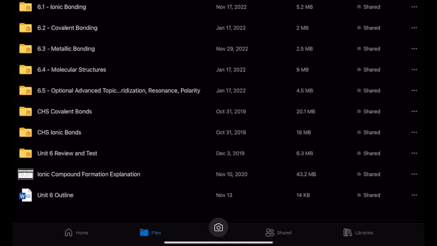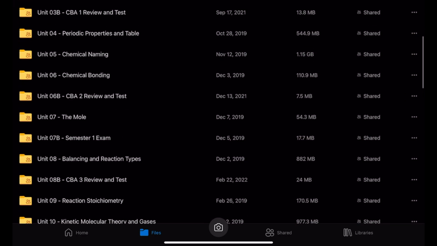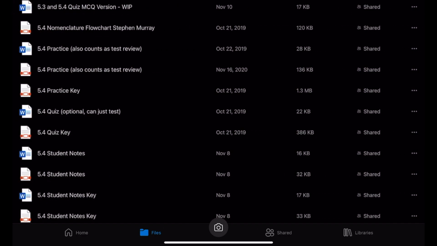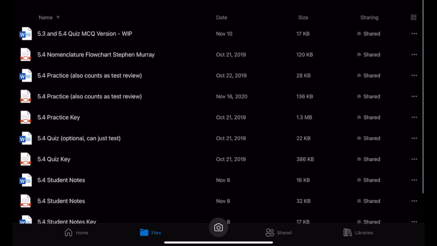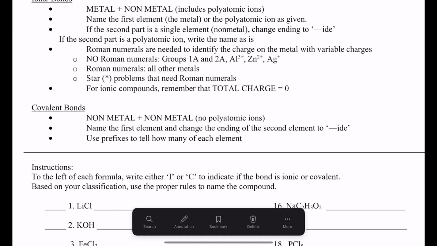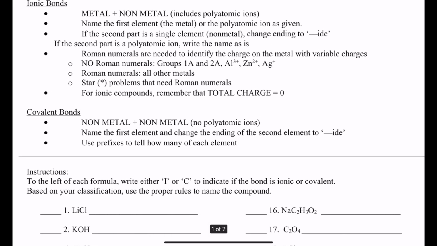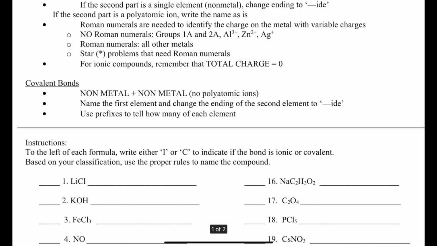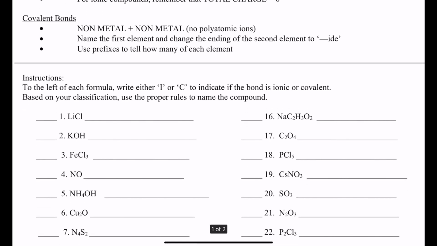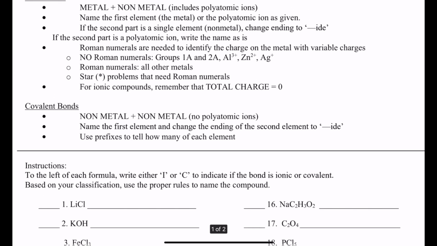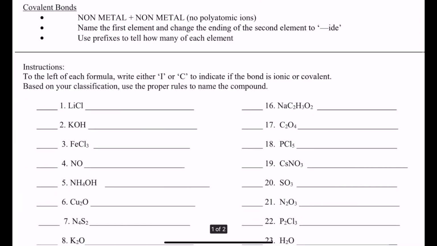So some practice problems I have for y'all are right here. I'm just going to slowly scroll through this. So if you wanted to work on practice problems straight from this video, you can pause, take screenshots if you'd like.